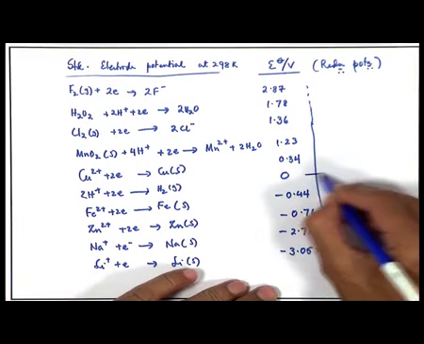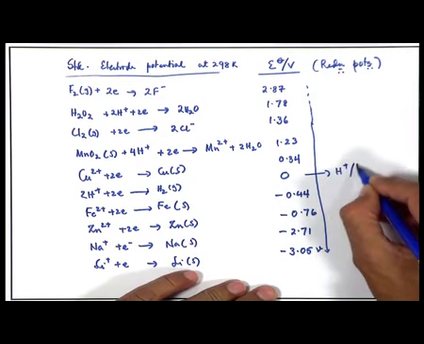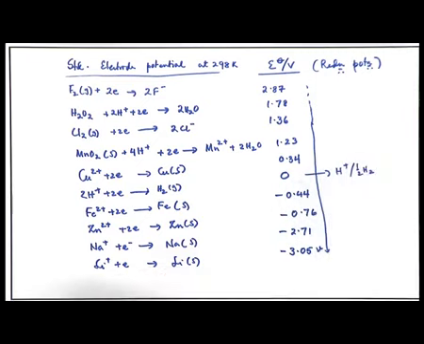Hydrogen means this H plus, half H2 system. So, that means you can say that the higher the value, the system will have a larger tendency to remain in the reduced state.